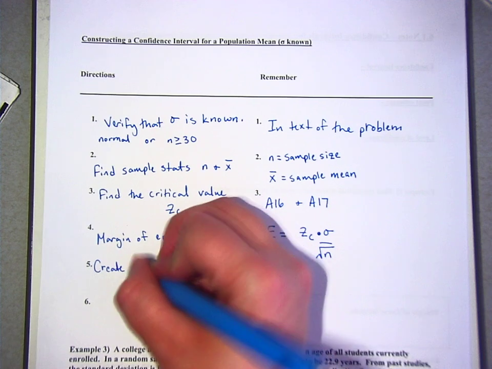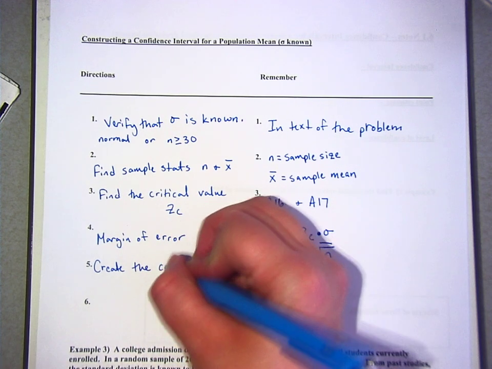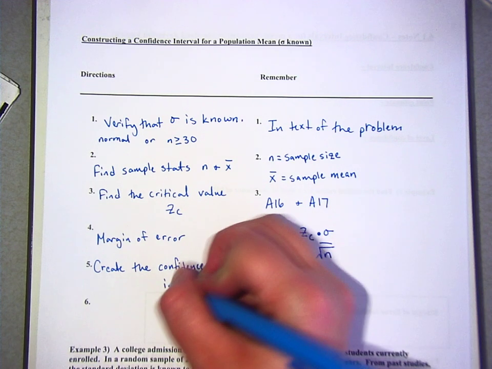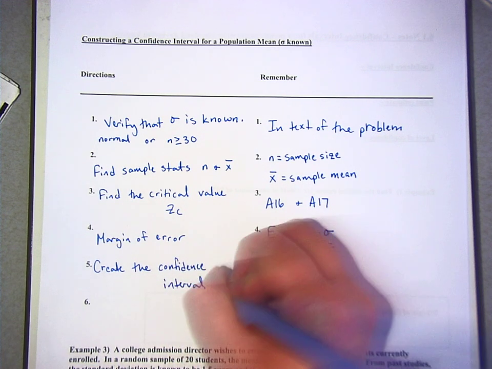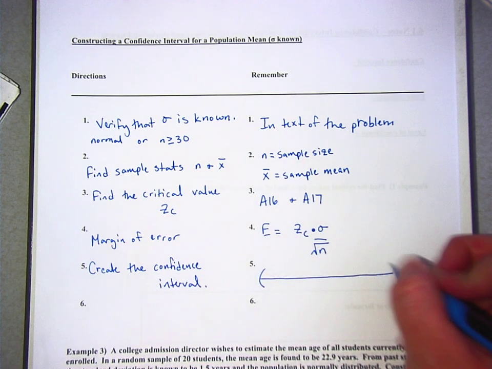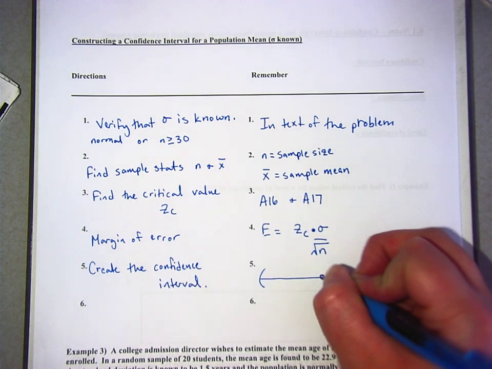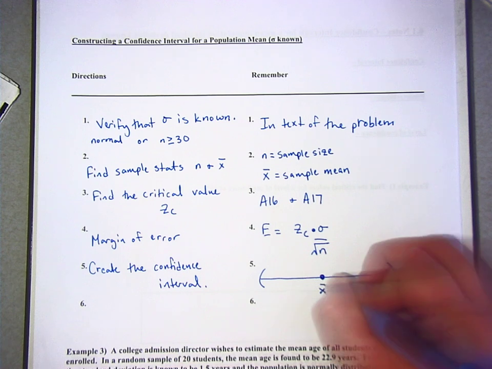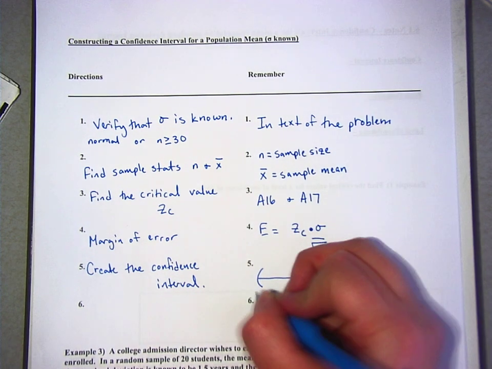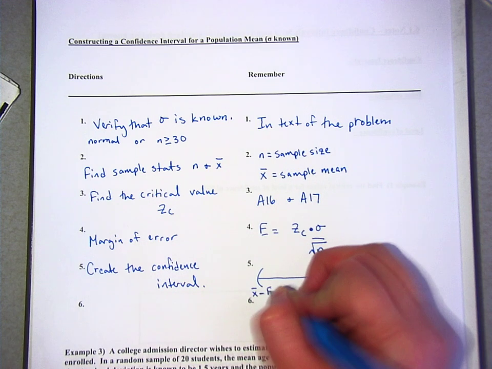All right, create the confidence interval. It'll look like this. In the center goes x bar, and then over here is x bar plus your error, and over here is x bar minus your error.